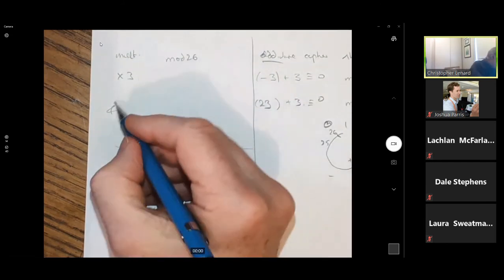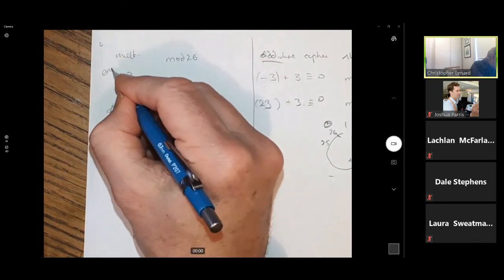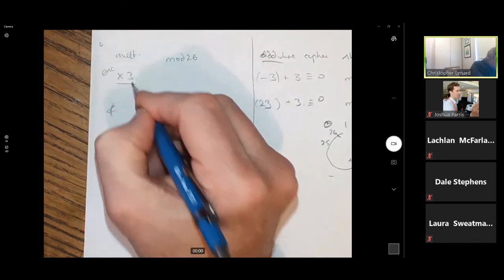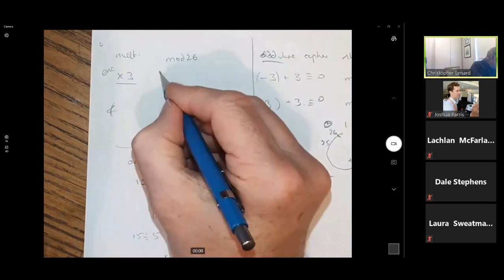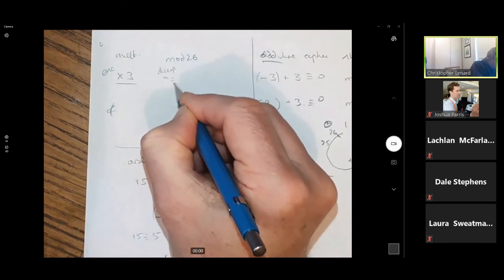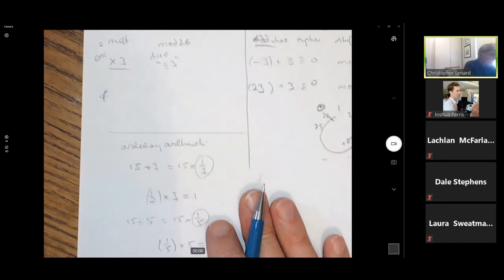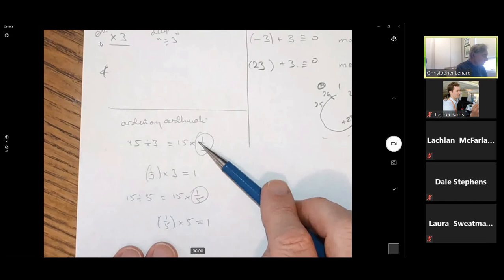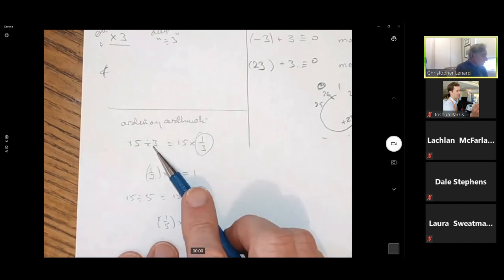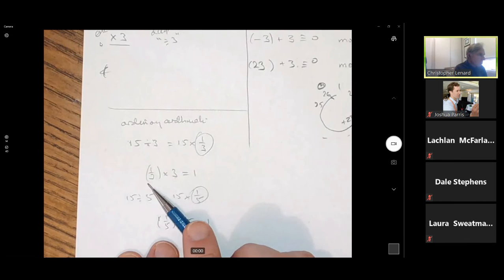I want to encrypt by multiplying by 3, and decrypt by doing something that's equivalent to dividing by 3. And notice what I've done here with ordinary arithmetic. Dividing by 3 in ordinary arithmetic is multiplying by something else. Dividing by 5 is multiplying by something else.